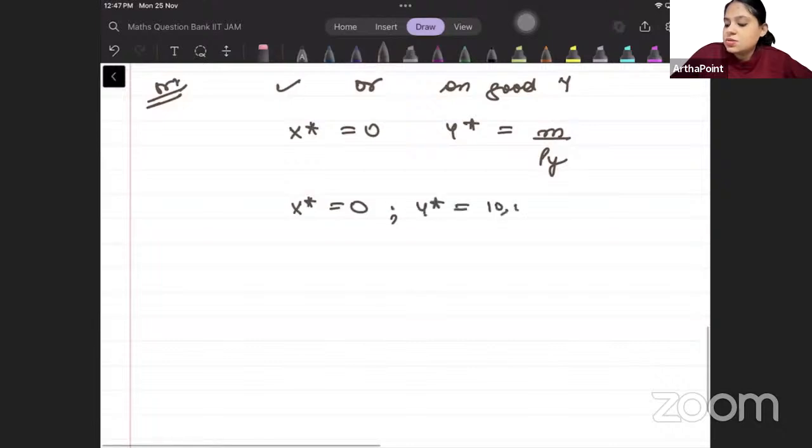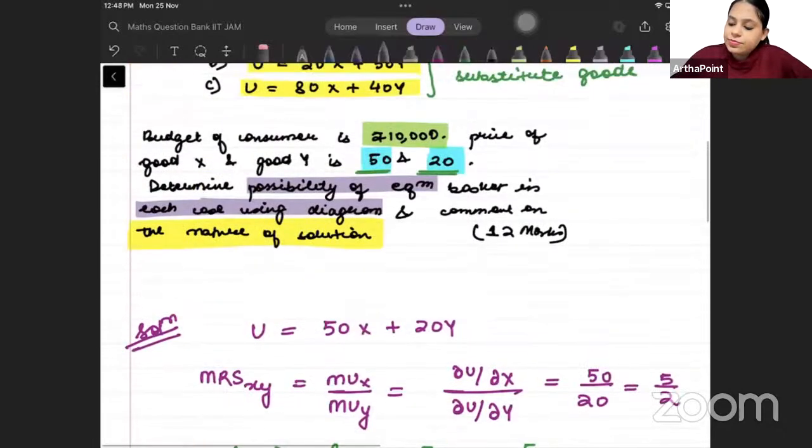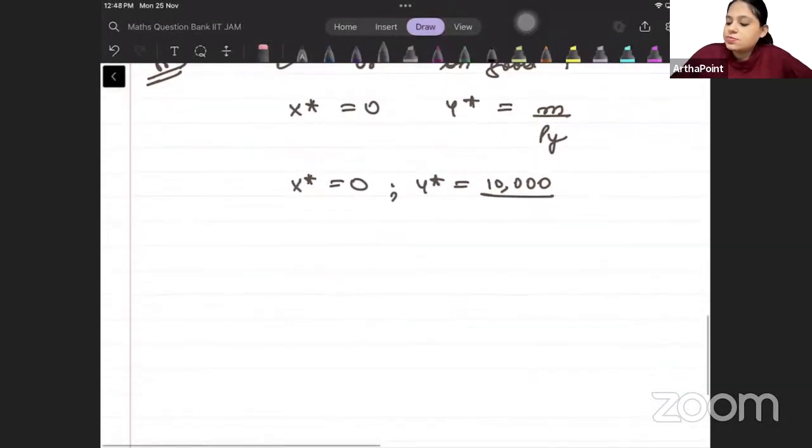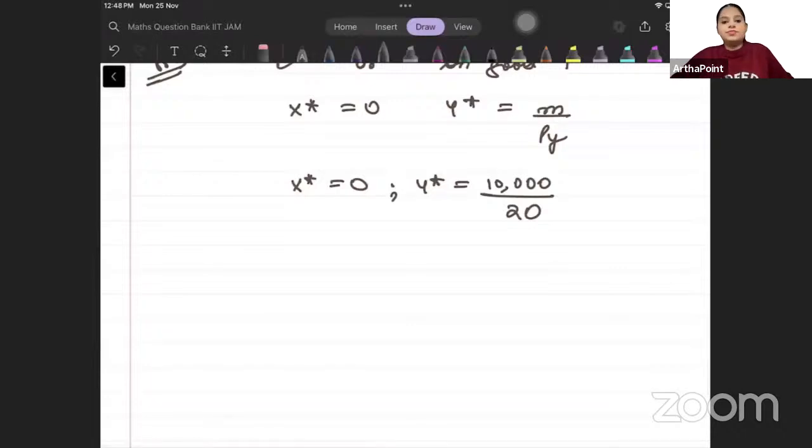Income is 10,000 and price of good Y is 20. Try to solve this one. What will you get? 500. So that's the second one. These two options are available to the consumer.